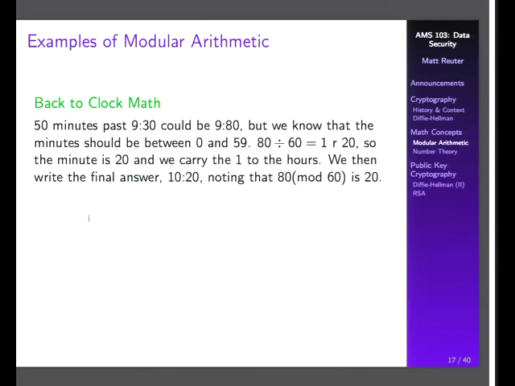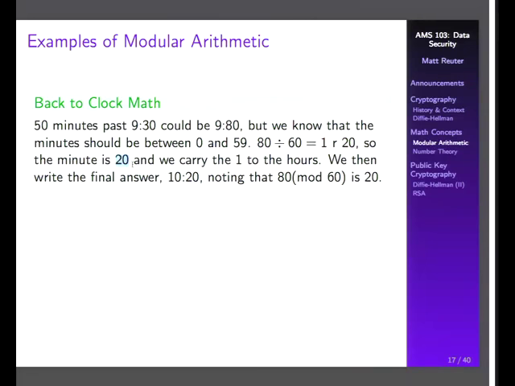Well, if we actually were to do the long division of 80 divided by 60, how many 60s are there in 80? There's 1. And what's left over? 20. So we could say 80 divided by 60 is 1 remainder 20, as we've got right here. So we know when we do this clock math, the resulting minute is 20, because that's what's left over, and we add the 1 into the hours digit.